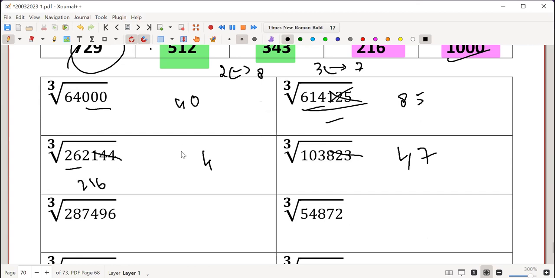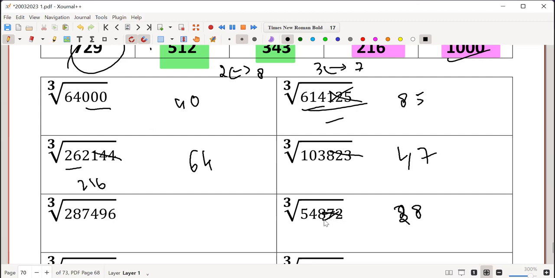Cube is 260. So last digit is 8. One before is 27.